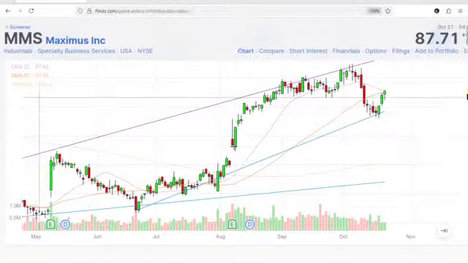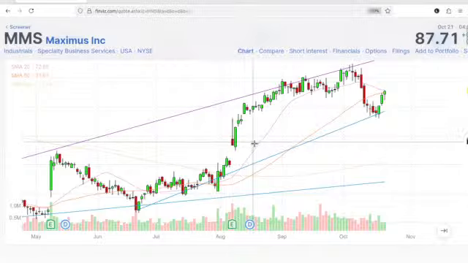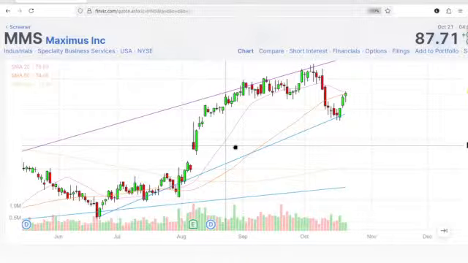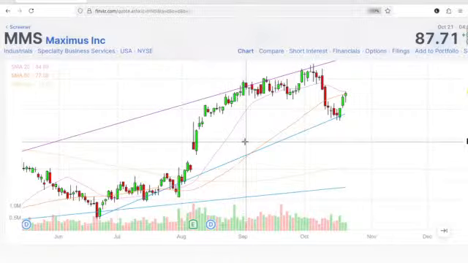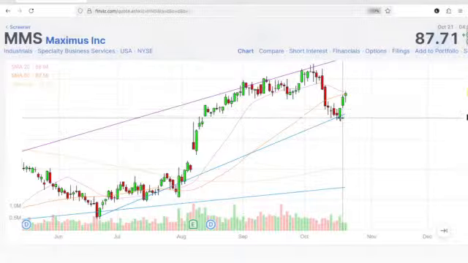So we have MMS right here. As you can see, this is the long lower shadow, and in this case the price has touched the body. In that other case it touched the wick, in this one it has touched the body, which is very cool. And this reminds me of the rising three soldiers.